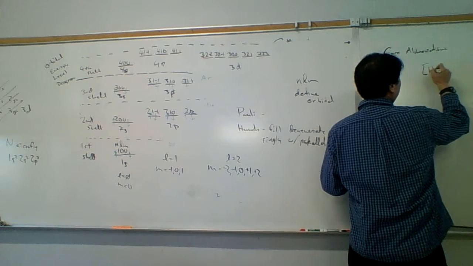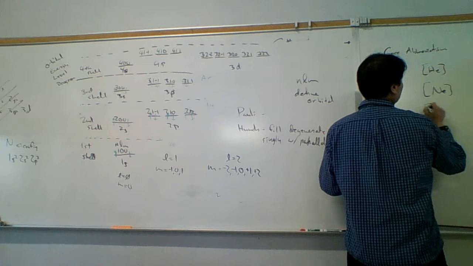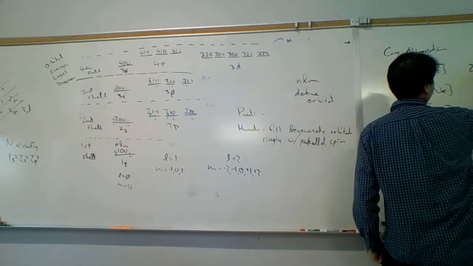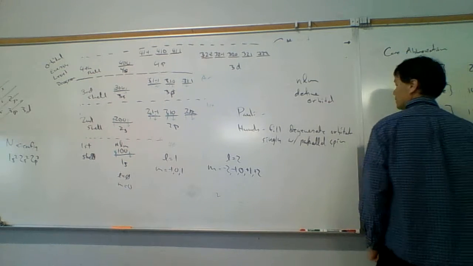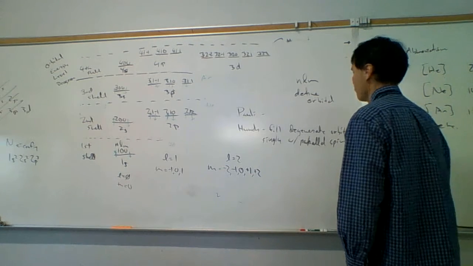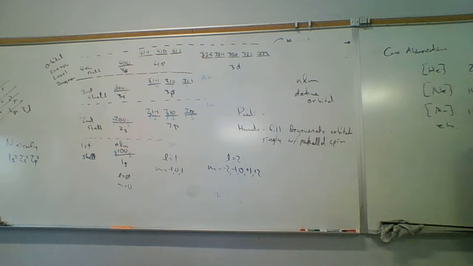So we have the helium core, the neon core, the argon core. Helium is 2 electrons, neon is 10 electrons, argon is 18 electrons, etc. And this is what they did here. For example, sodium. We can write out the full electron configuration.